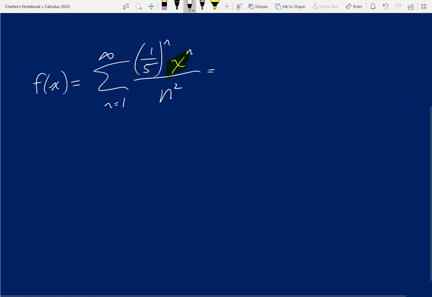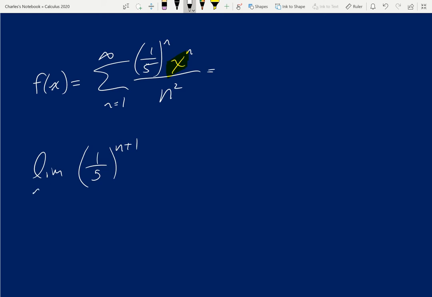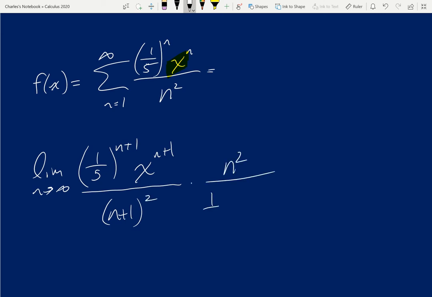So now what I want to do is the ratio test to figure out when this converges. So I'm taking the limit as n goes to infinity of 1 over 5 to the n plus 1 times x to the n plus 1 divided by n plus 1 squared, times n squared divided by 1 over 5 to the n times x to the n.